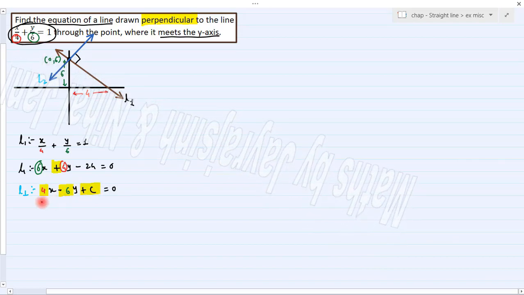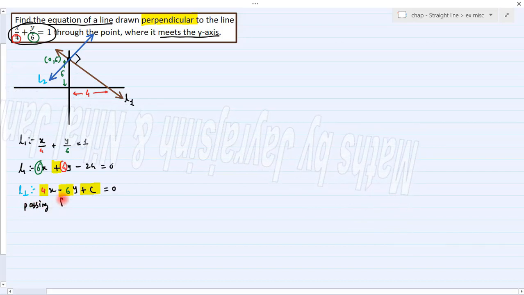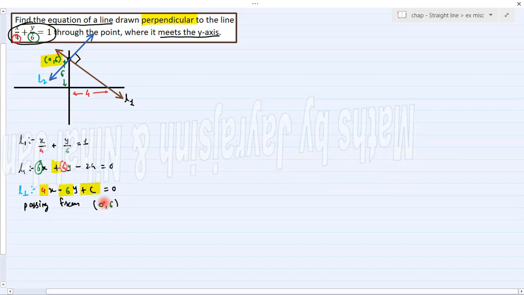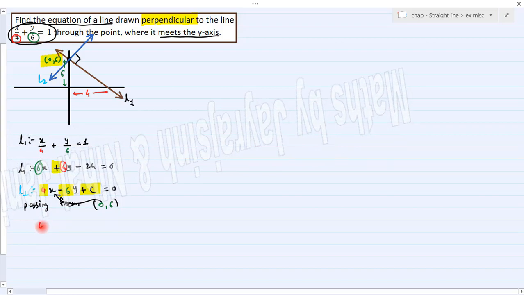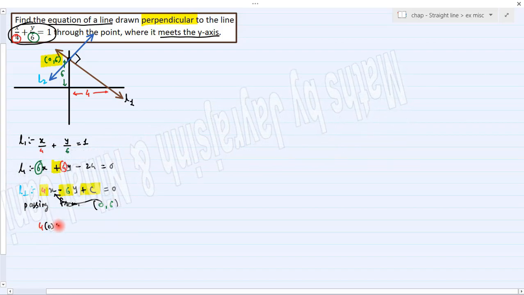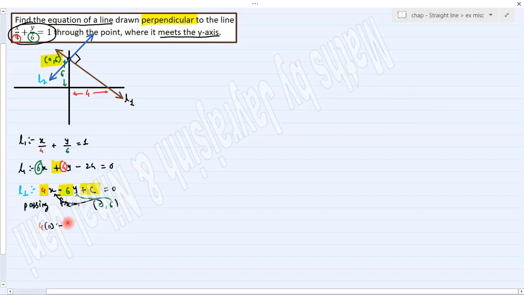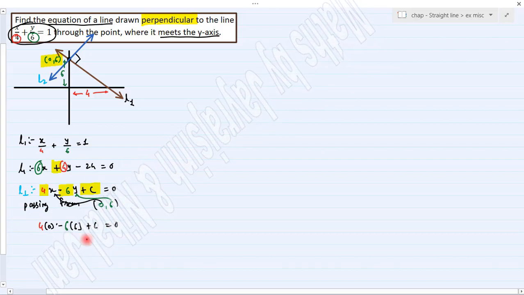Now, to find c, we know that the line is passing from the point 0, 6. So instead of x, we have to place 0. So you'll get 4 into 0 minus, instead of y, we'll place 6. So you'll get 6 into 6 plus c is equal to 0.